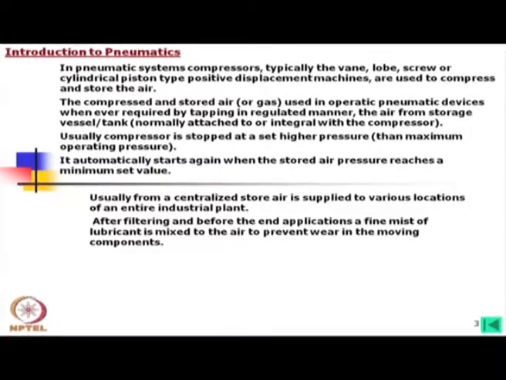Now, usually you find air operated devices, for example, an air operated screwdriver. If you have observed the automobile industry, in an assembly line they have to tighten, say, 100 screws per minute, just as an example.